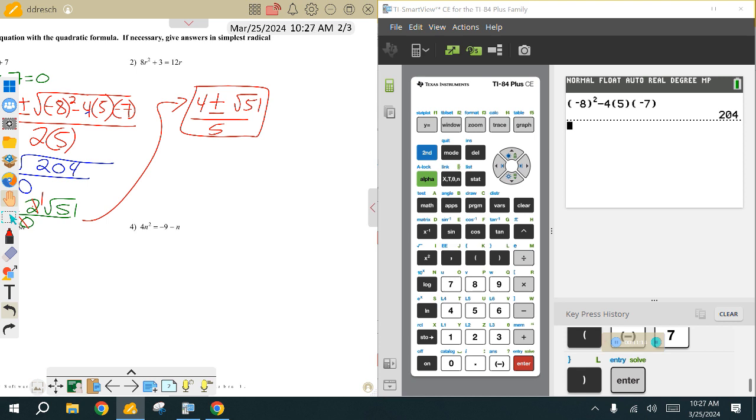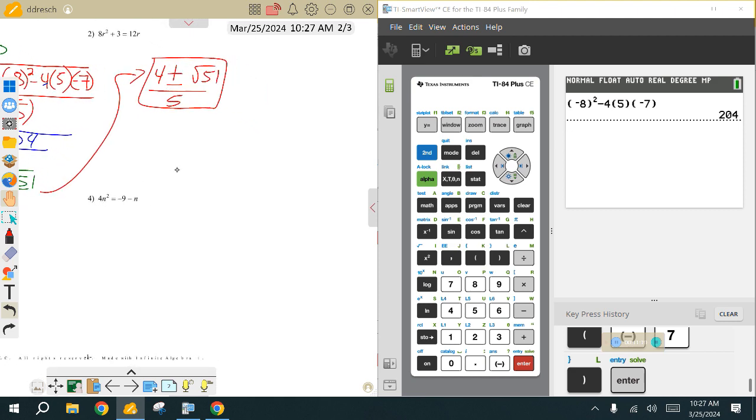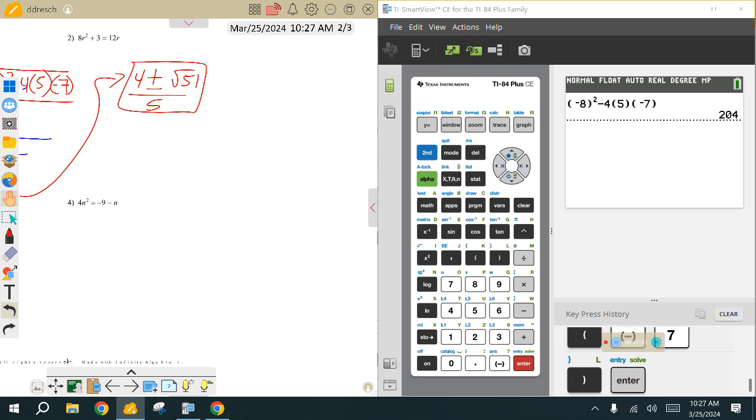But we also split that apart. What do I mean by split it apart? You'll see this as a solution as well. So that answer is fine. You can leave it like that. Another way we can redo this is rewriting it so that we have our two solutions a little bit more obviously seen. 4 plus the square root of 51 over 5.